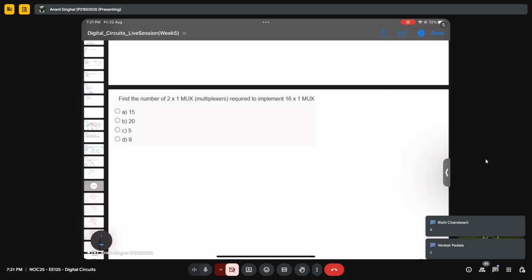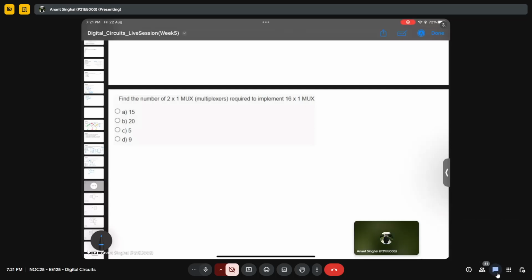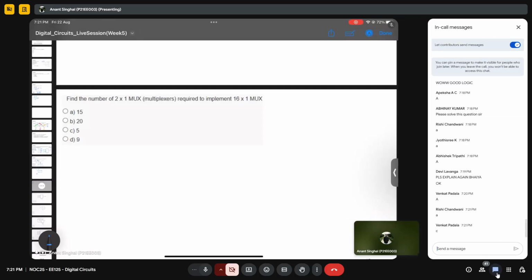I've got mixed answers again, A and C. You need to think that you have a single output and 16 inputs. Maybe take 2-3 minutes and write your answers in the chat box. Think more and then write.